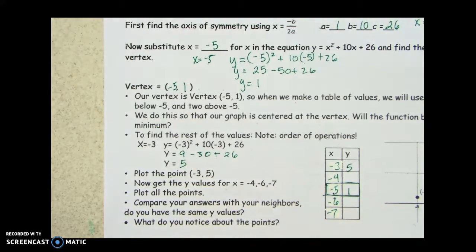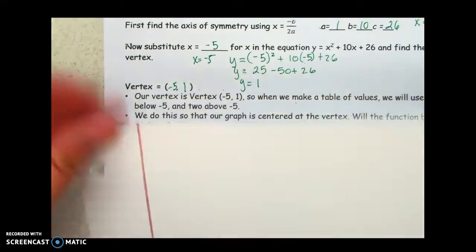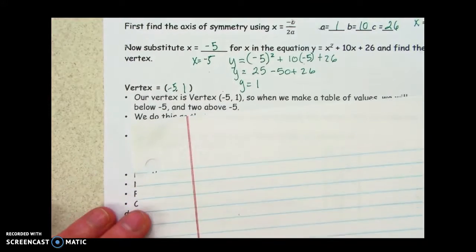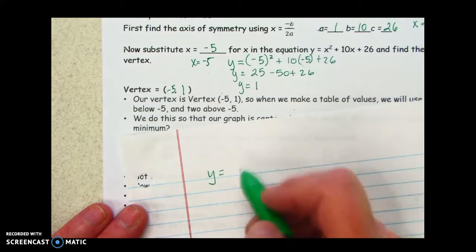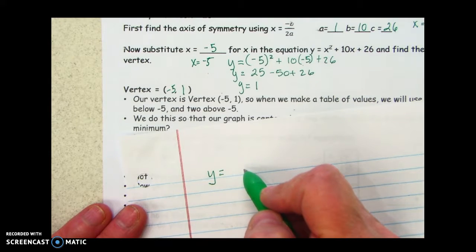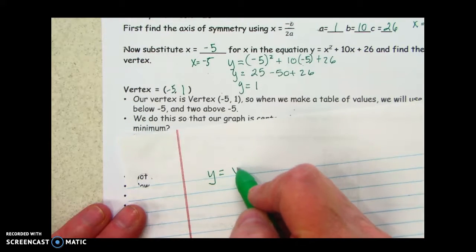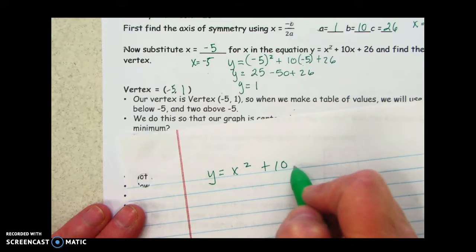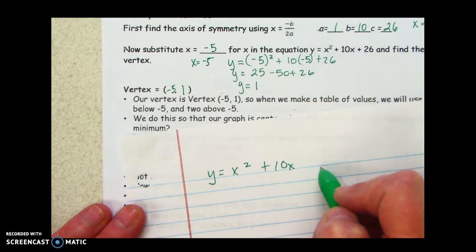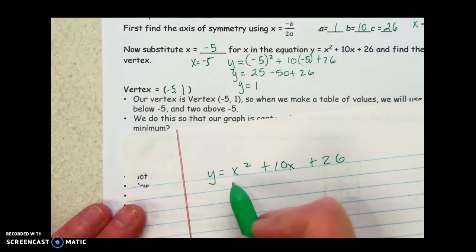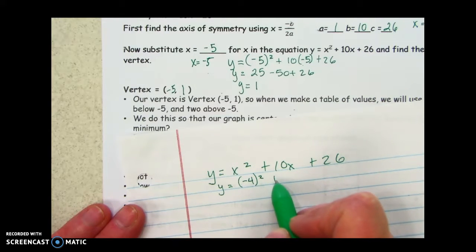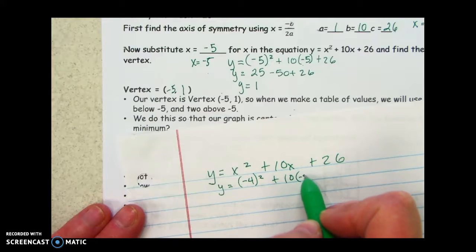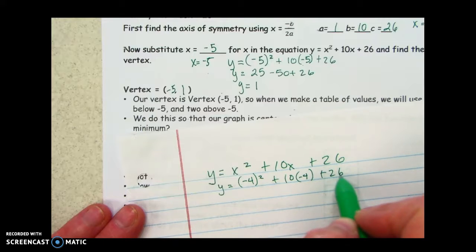So just to make sure you understand how to do this, because I'm finding that a lot of you are confused when you have to do these equations, I'm going to rewrite the equation here. y equals x squared plus 10x plus 26. And then y equals negative 4 squared plus 10 times negative 4 plus 26.